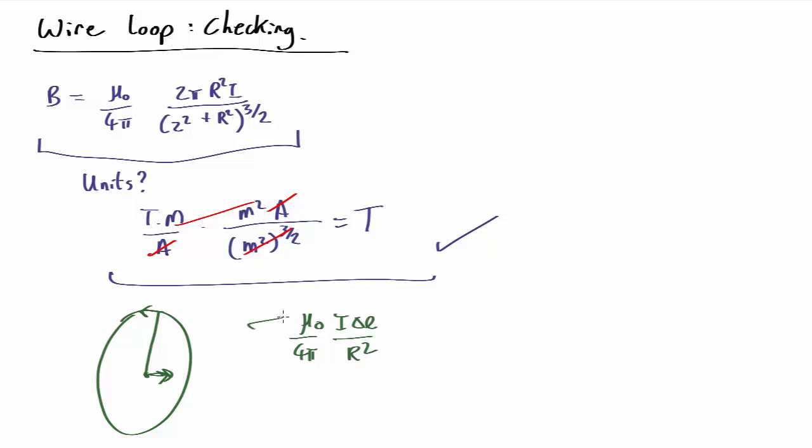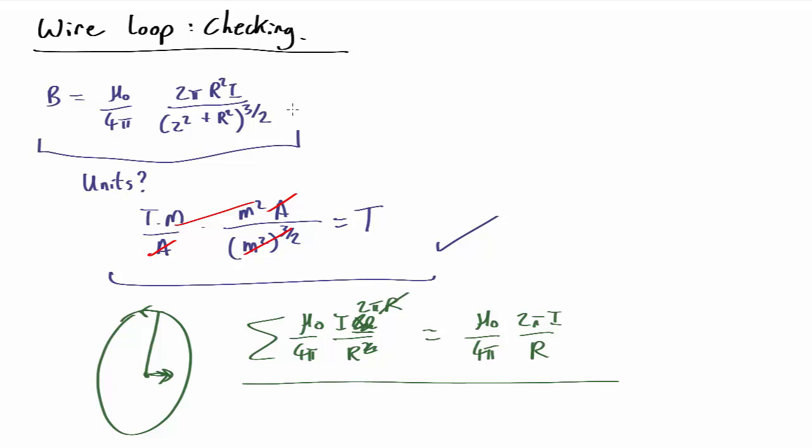So we just need to sum that up over the entire circle, because they're all going to be the same. Delta L all around the whole circle is just going to be 2 pi times the radius. So if you replace that with 2 pi R, that cancels out with one of the R's over there, and that comes out as mu naught over 4 pi, 2 pi I over R.